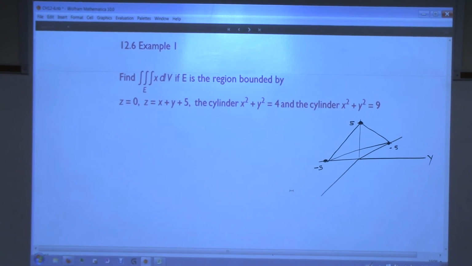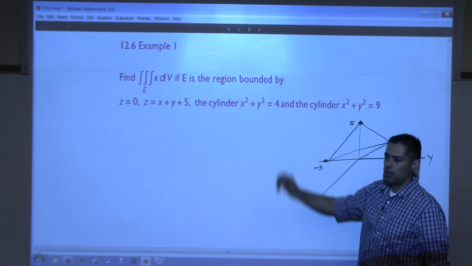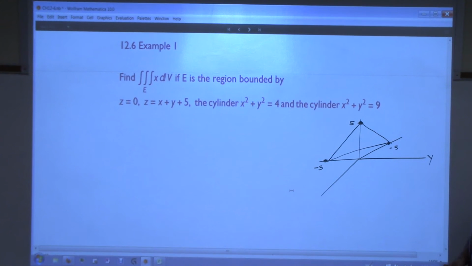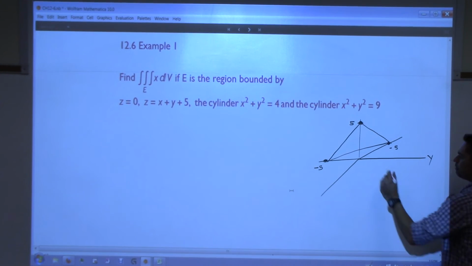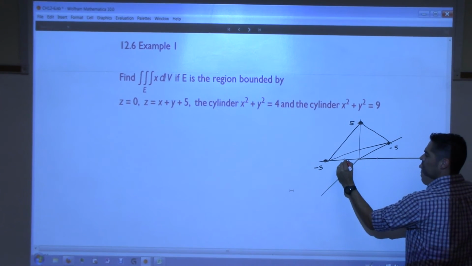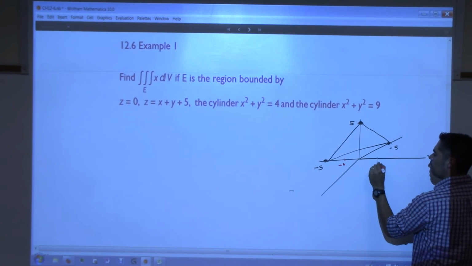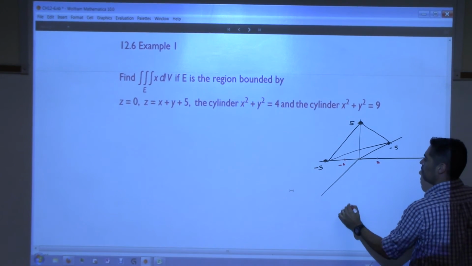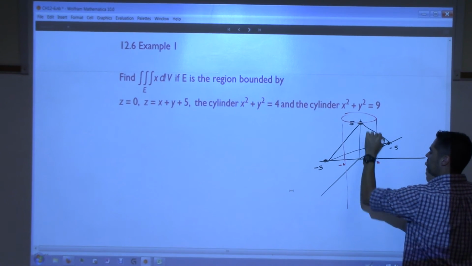I have a cylinder, x squared plus y squared equals 4. That cylinder goes up and down and has a radius of 2. This is going to become messy.